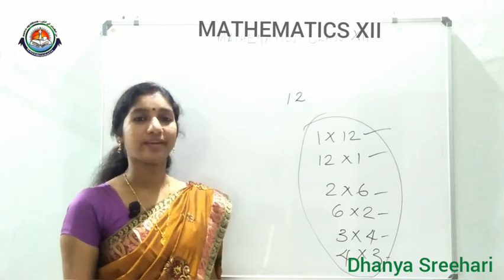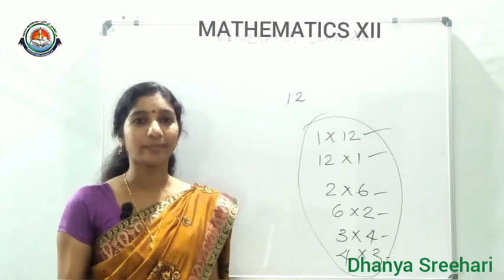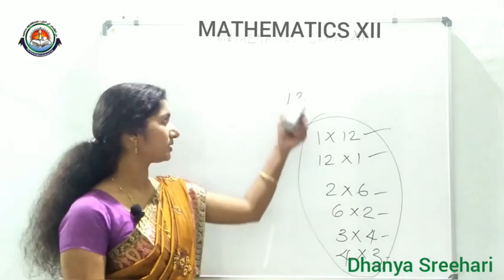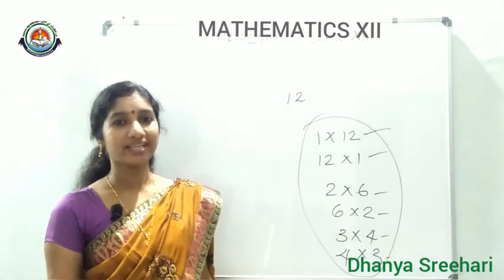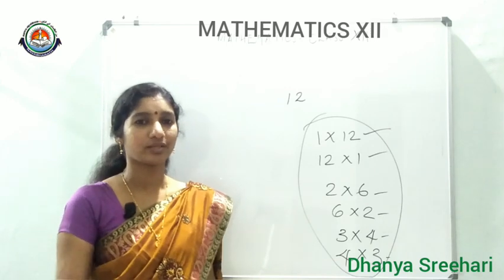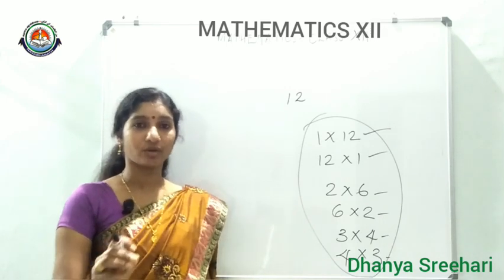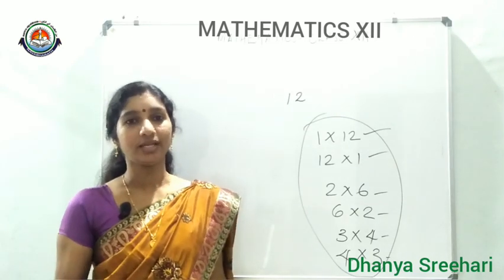Okay. If the number of elements is given, then how many different ordered matrices are possible? For this 12 we are getting 6 ways we can write. 6 different matrices we will get. Different matrices means not according to the elements, but according to the order of the matrix.